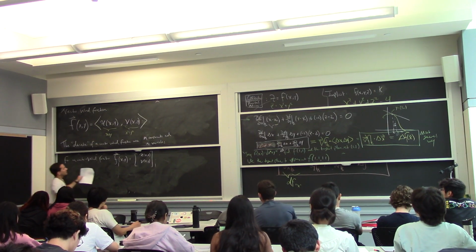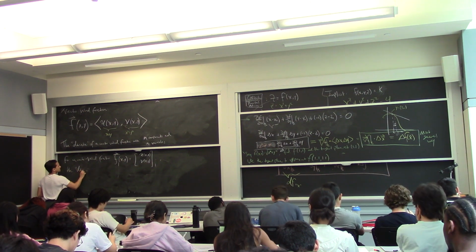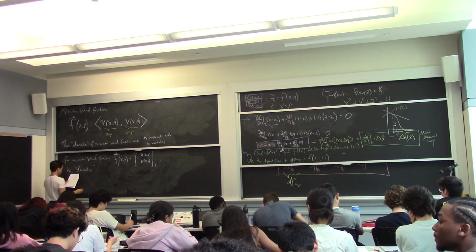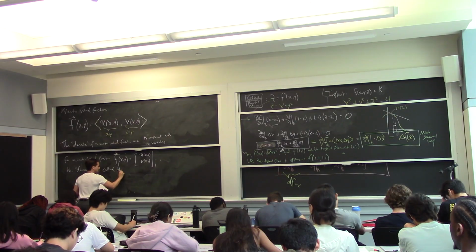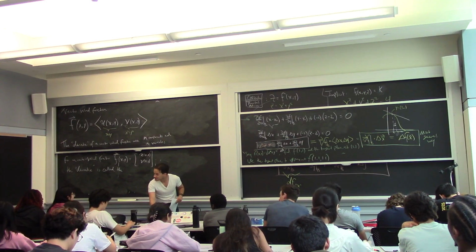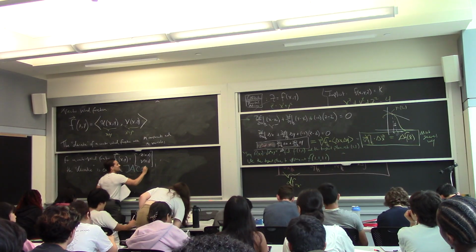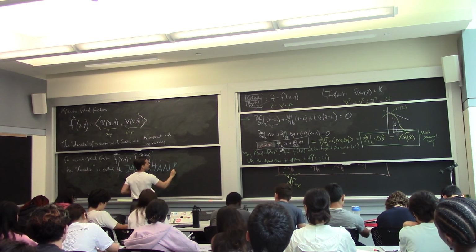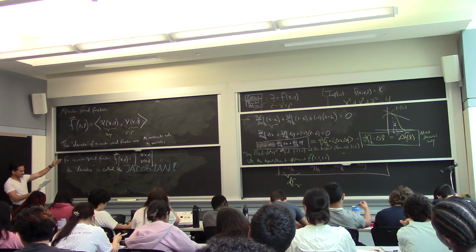So for a vector valued function like this, the derivative is called the Jacobian.